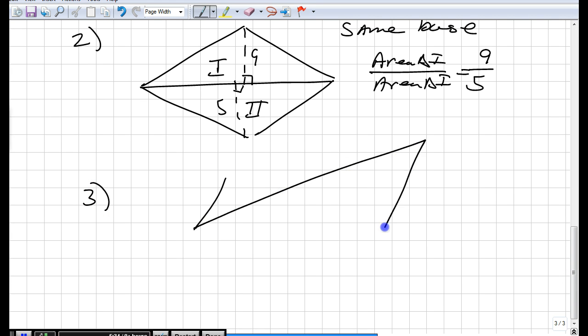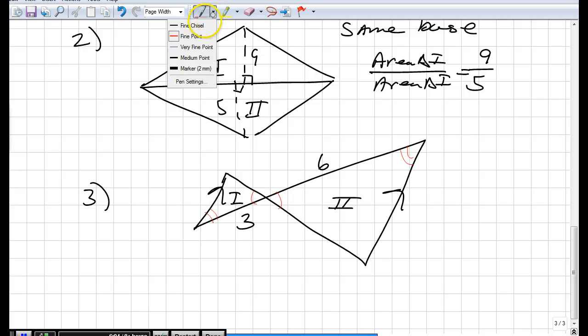And the third one said if the triangles are similar. So if I have something like this, where I know this is parallel to this, and this is triangle 1 and this is triangle 2, this is 3 and this is 6, then these are similar because we know that these angles are congruent by vertical angles, and then I know that this angle is congruent to that angle, so therefore the triangles are similar. So when you're using similarity, you have to find the scale factor and square it.